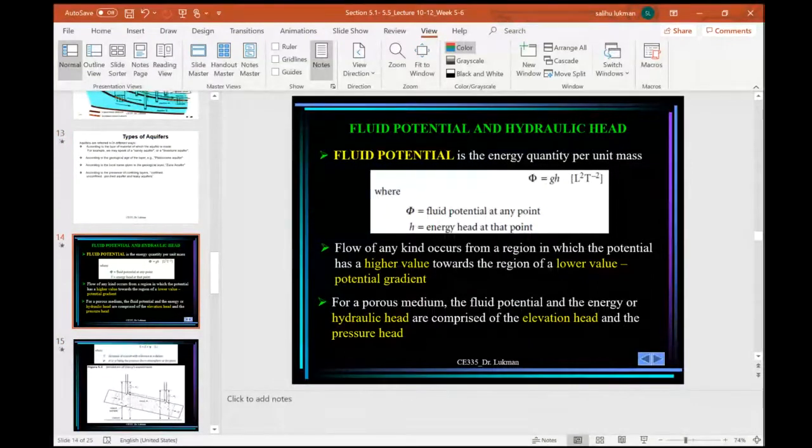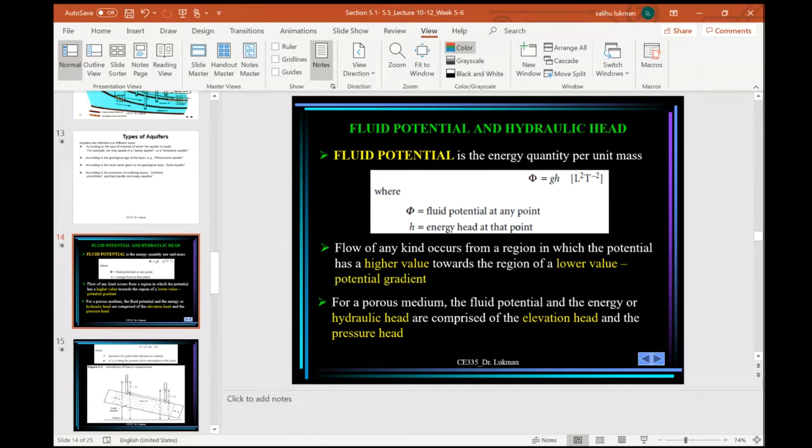Now, fluid potential and head. I just mentioned the hydraulic, piezometric head. Here we have the fluid potential, which is the energy quantity per unit mass. When you have fluid flowing, then it possesses energy, and that is the fluid potential. The fluid potential at any point is given by gh.